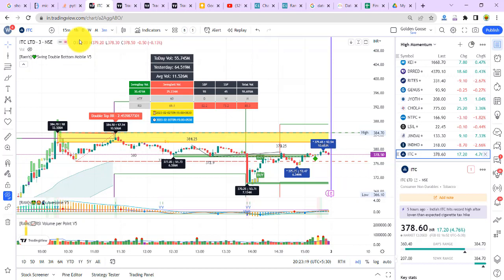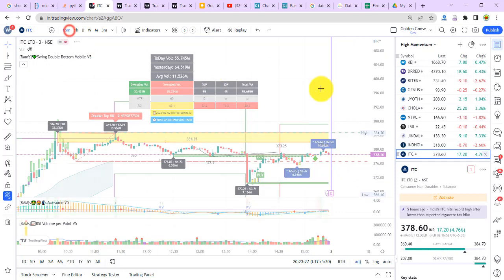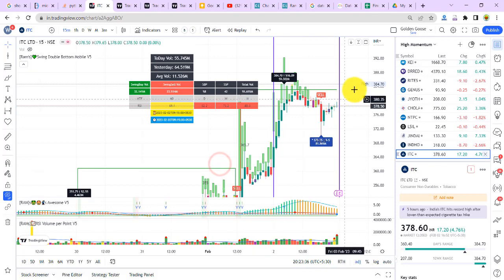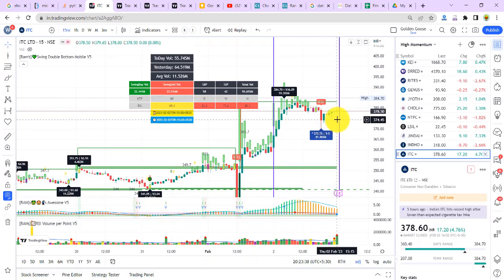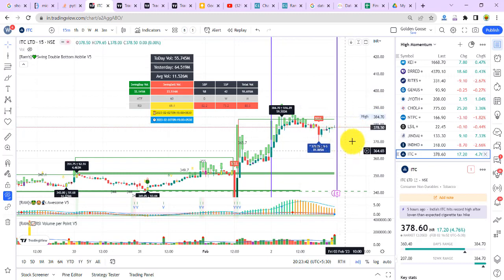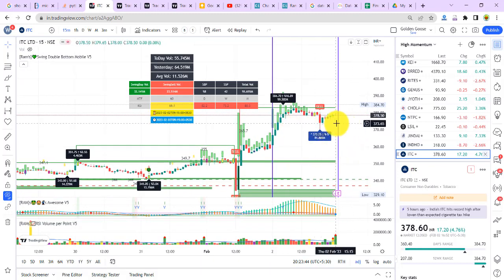So this support will be retested, that is 370 will be retested, and the price will move up. In 15 minutes also, here you can see a violet candle at 2:30, and in 15 minutes the price is moving up. So probably tomorrow the price will move up, but retest will definitely happen.